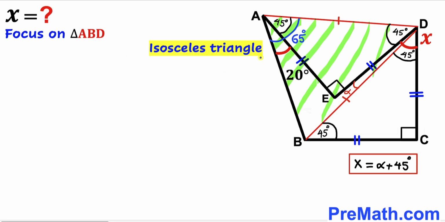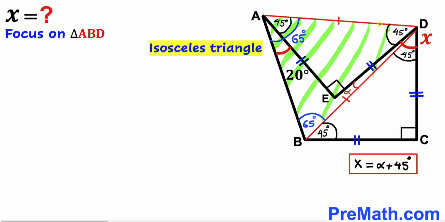And now let's make an observation. We can see that this triangle ABD is an isosceles triangle, since this side length AD is congruent to this side length BD. So therefore this whole angle BAD is going to be congruent to this angle ABD as well. So therefore this angle ABD turns out to be 65 degrees as well.